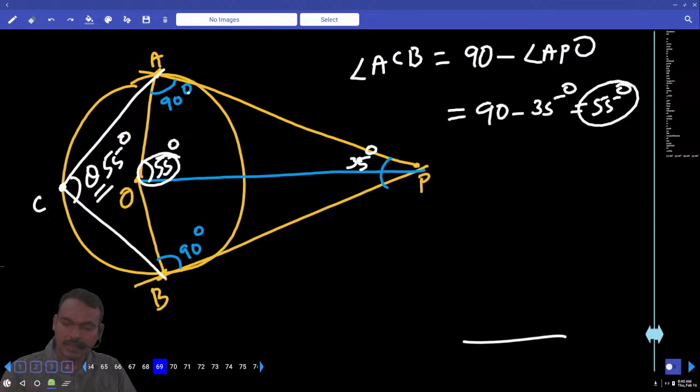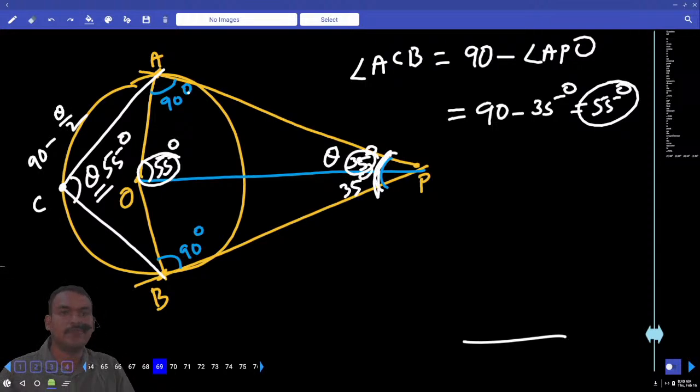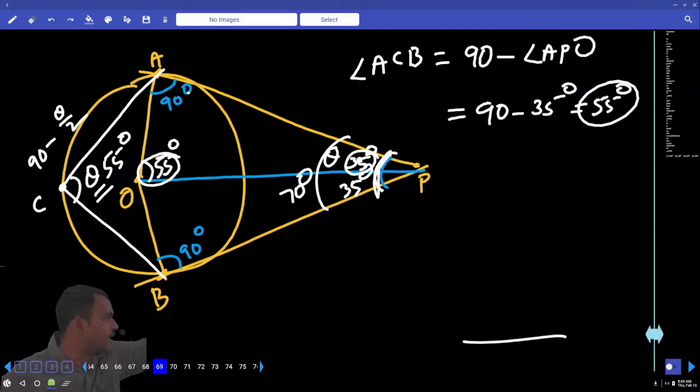Okay. Or if it is theta value, angle C value we write as 90 minus theta by 2. What is the total angle here? If it is 35, this is also how much? 35. Total how much? 70 or not? If it is 70, this angle is how much? 90 minus 70 by 2 or not? 90 minus 70 by 2 means 55 or not?